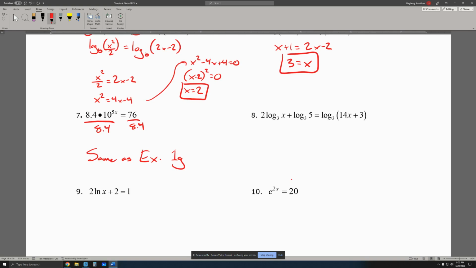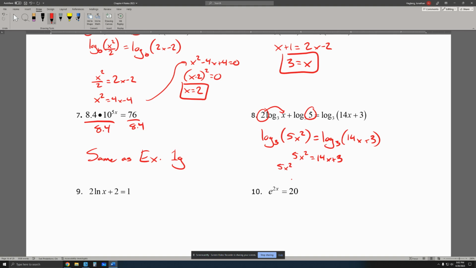Okay, number 8. So using our power rule, and then we're also going to use the product rule. So we have log base 3 of 5x squared is equal to log base 3 of 14x plus 3. Again, two logs of the same base equal to one another. 5x squared is equal to 14x plus 3.